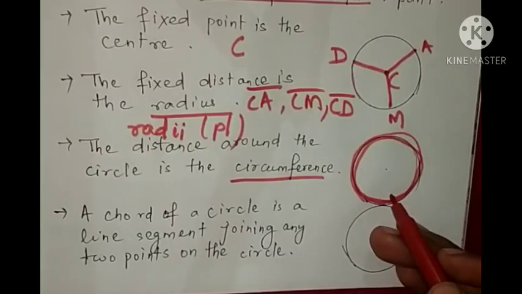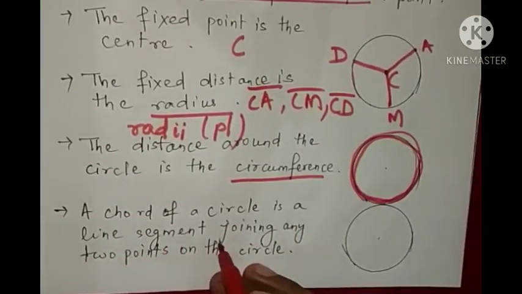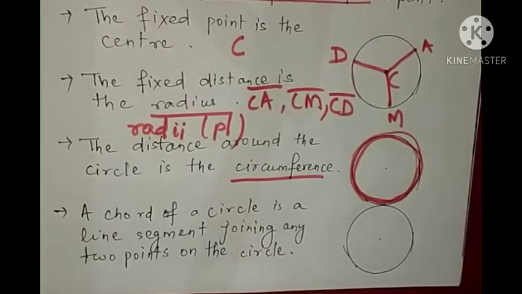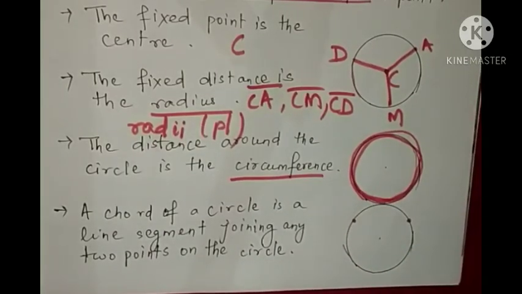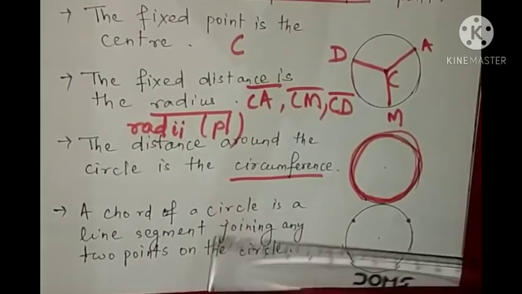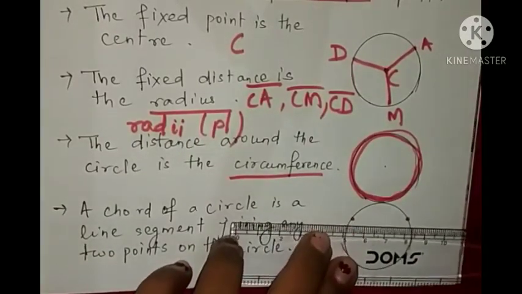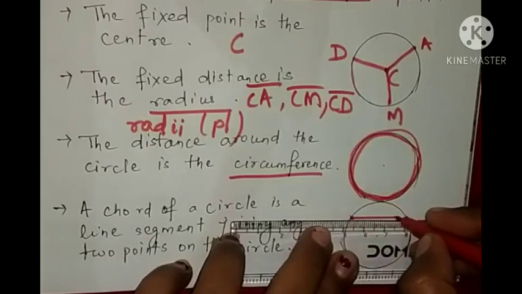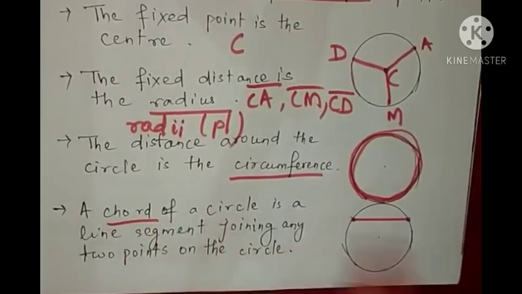Next, a chord of a circle is a line segment joining any 2 points of the circle. Take any 2 points, 1, 2, and join them. This is a chord.